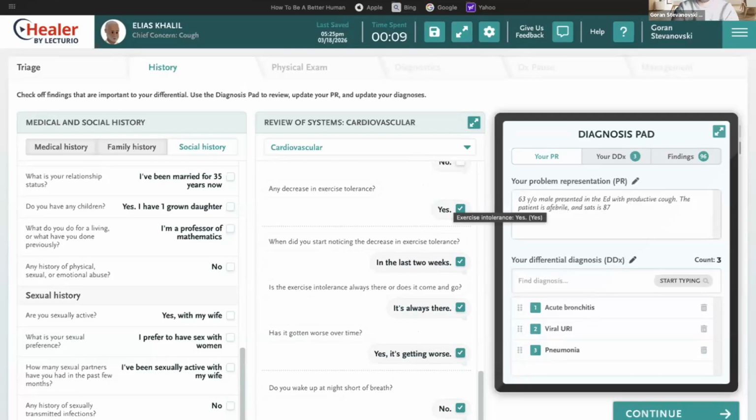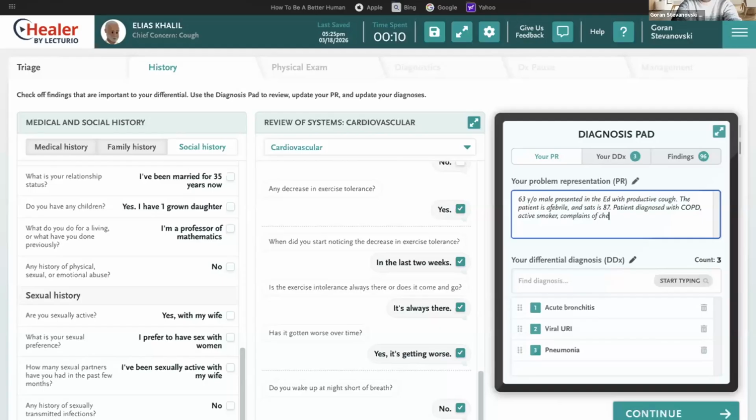Now, knowing what we know now, it is good for us to update our problem representation here. And if anyone wants to add something, we can. But in this case, we can say: patient diagnosed with COPD, active smoker, complains of chest pain, coughed up blood last week, decrease in exercise tolerance.